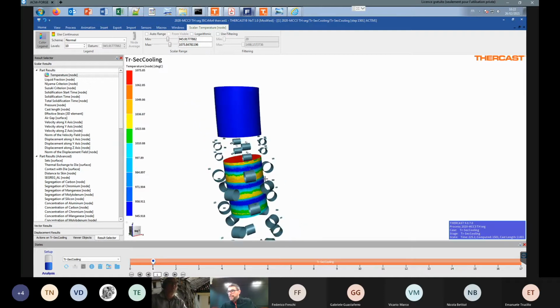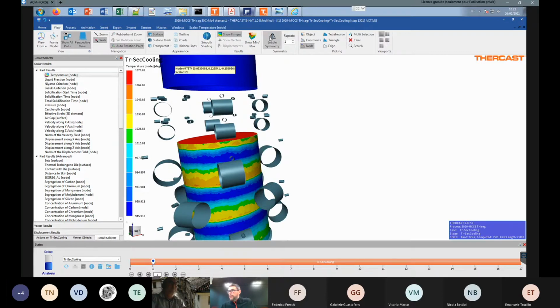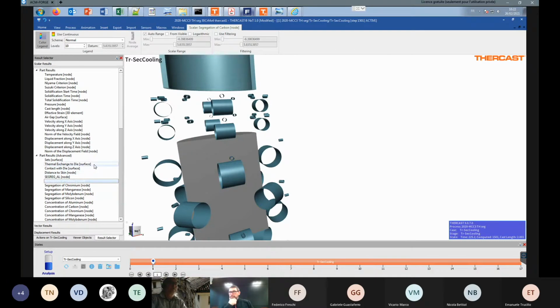also in this case. I didn't mention it, but we are also able to model the carbon segregation, the macro segregation that can occur during the continuous casting. We do it also on ingots, and it is very interesting, but we need a lot of material parameters.